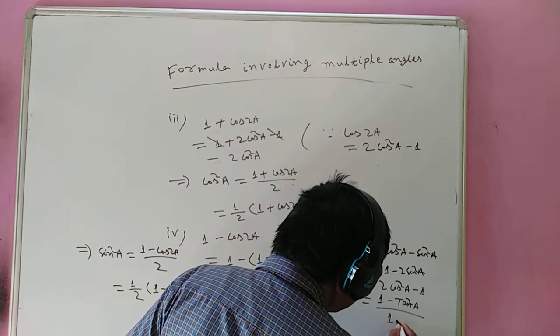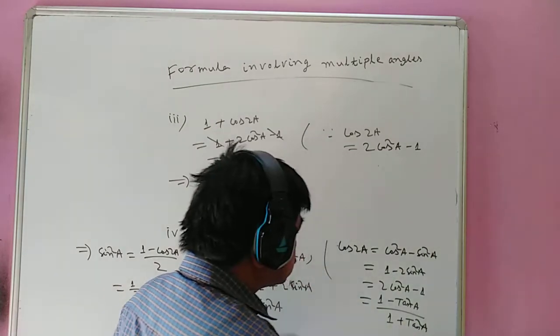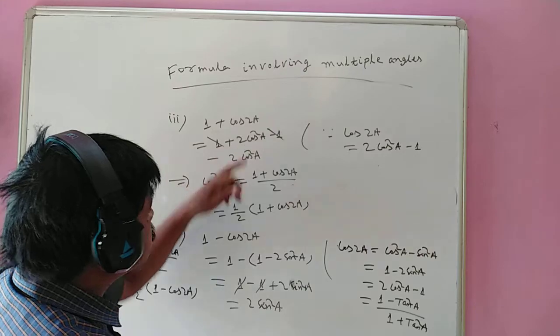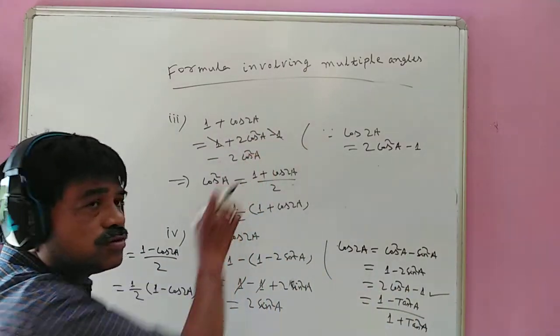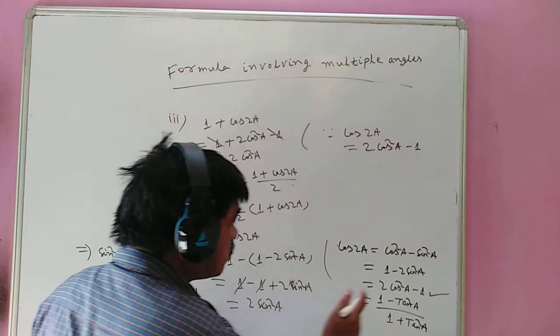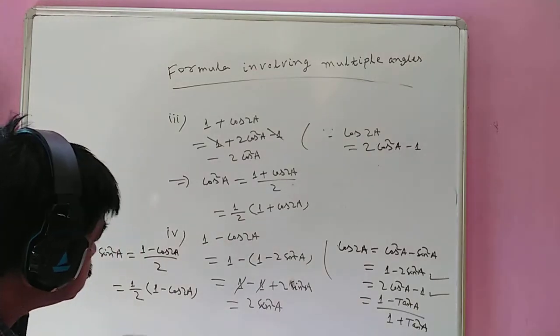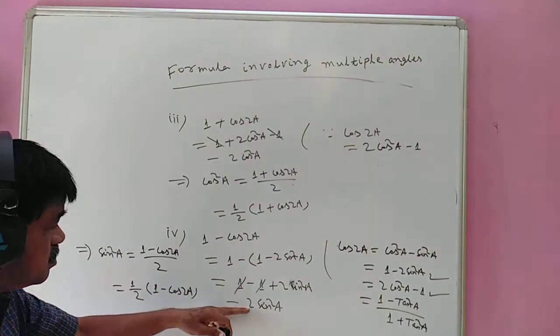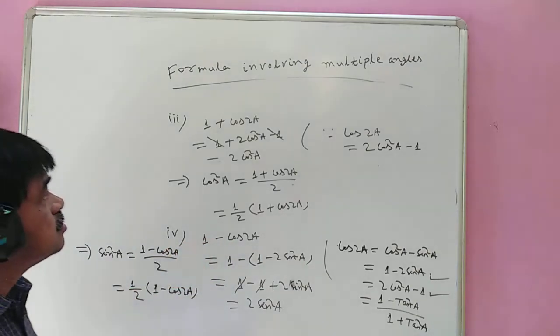So you have to remember all these formulae. Here I applied cos 2a is 2 cos square minus 1 because I have to prove 2 cos square, and here I applied 1 minus 2 sin square. Are you clear?